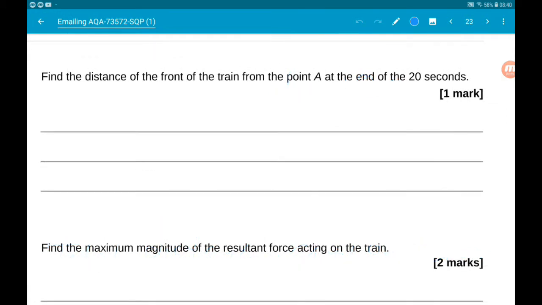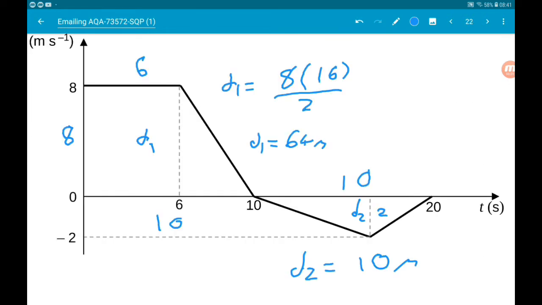Part B wants us to find the distance of the front of the train from the point A at the end of the 20 seconds. Remember the question said when t is equal to 0, the front of the train is at point A. When velocity is positive, the train is moving forwards.